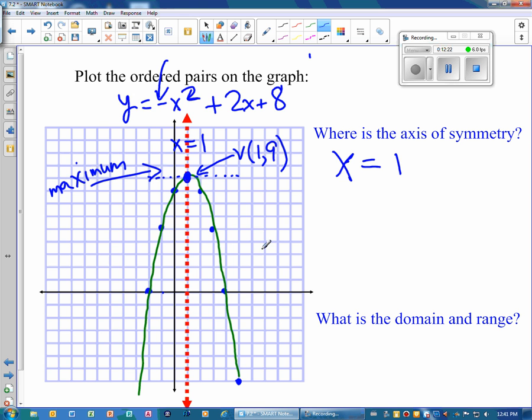Okay, and then the second question says, what is its domain and range? So domain is x, range is y. And so you say x is going to be the set of, and y is going to be the set of. It's that fancy E for saying is in the set of. All right, so x. And you know what? It's an easy answer for every single parabola because remember what I told you?